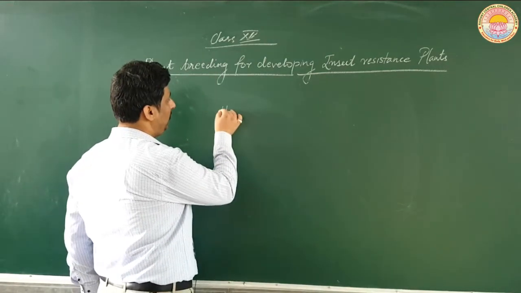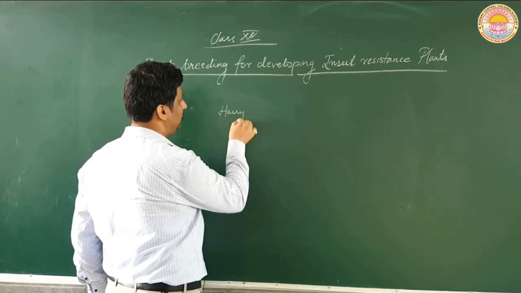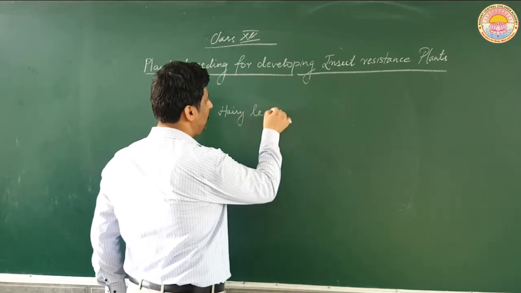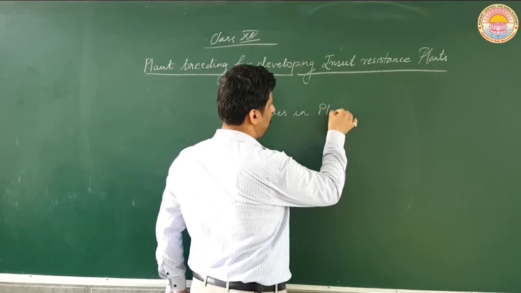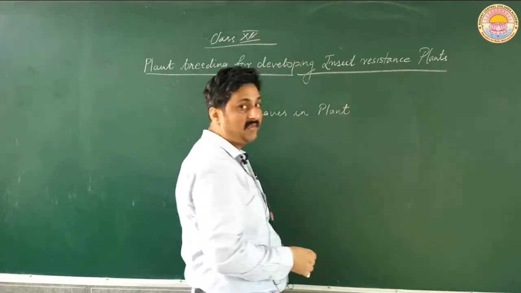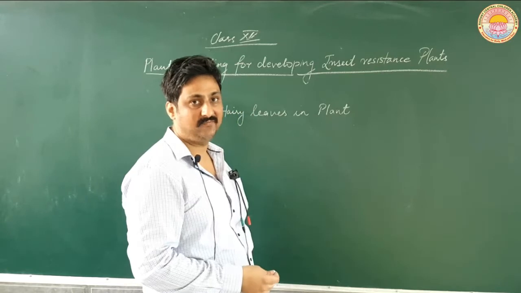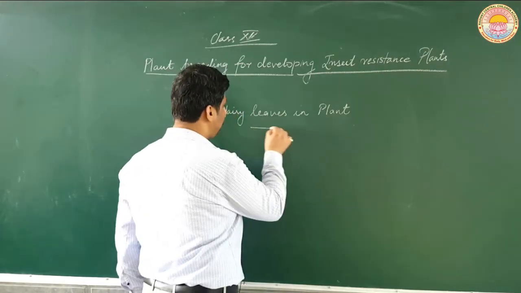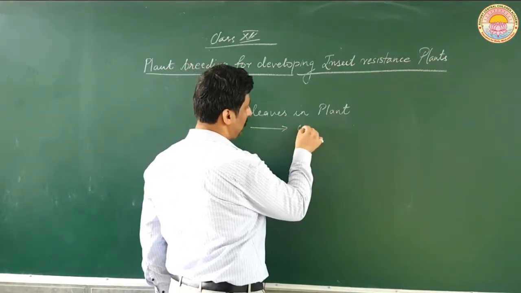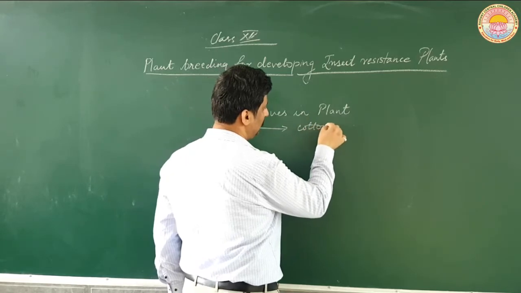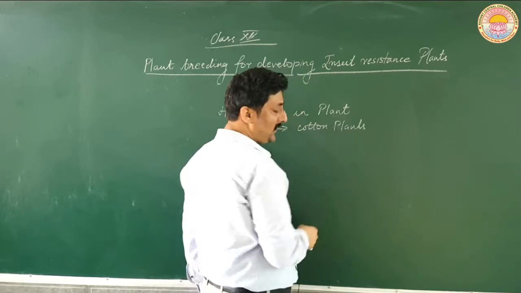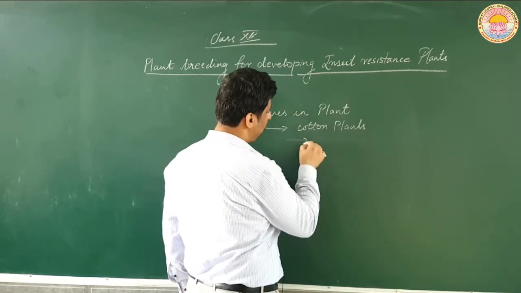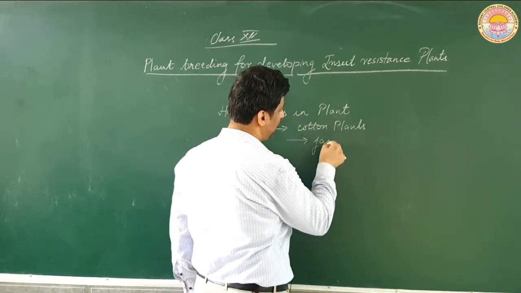Sometimes hairy leaves in plants make them insect resistant. That is a morphological change. For example, in case of cotton plants, hairy leaves protect them from jassids.